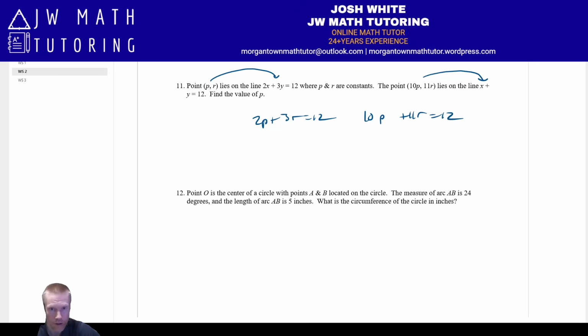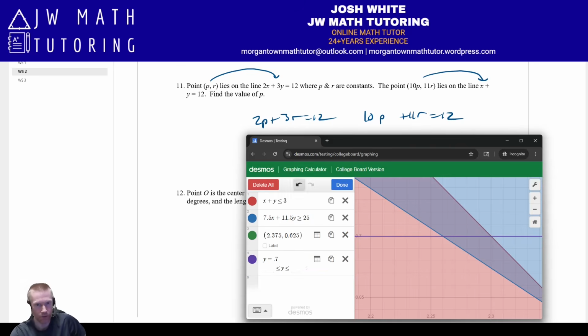And then we basically have a system of equations here that we can solve. I guess I did this by substitution, but we don't need to spend all the time doing that, honestly. We can just go straight to Desmos and solve this in Desmos.